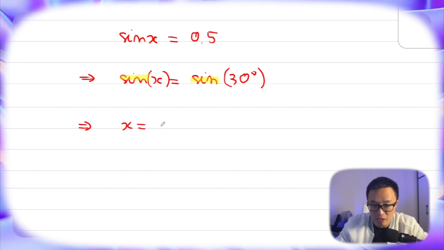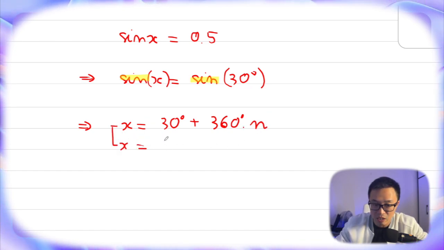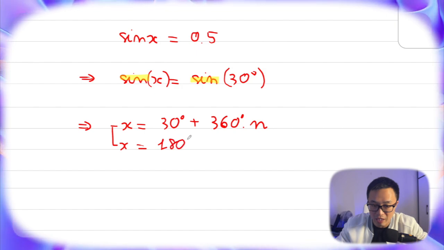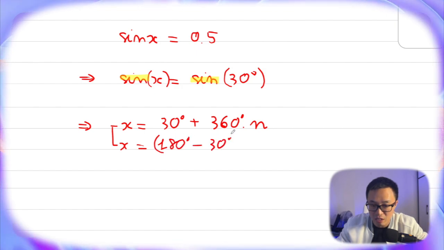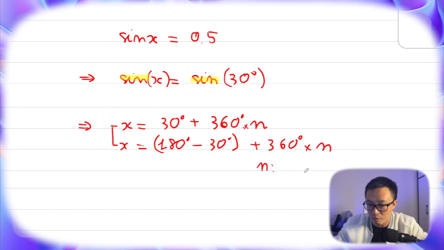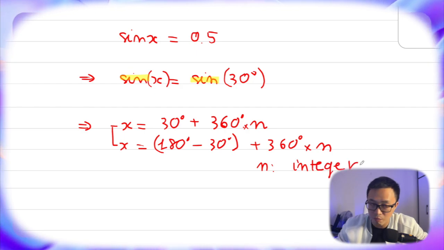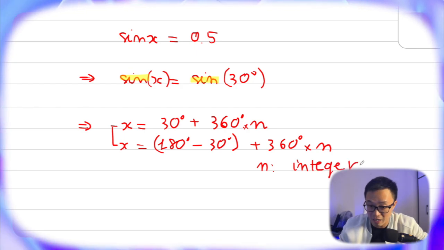We have x equals 30 degrees plus 360 degrees multiplied by n. And the second formula for x will be 180 degrees minus 30 degrees plus 360 degrees multiplied by n. You need to write down more information that n has to be an integer, maybe 0, maybe a positive integer, maybe a negative integer.